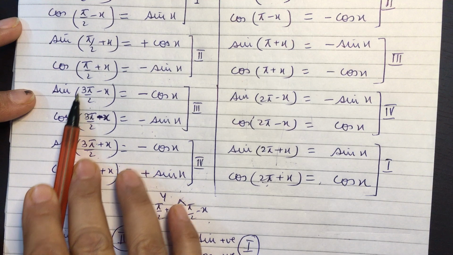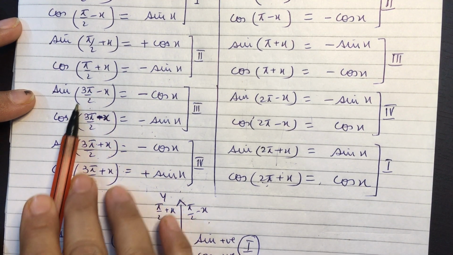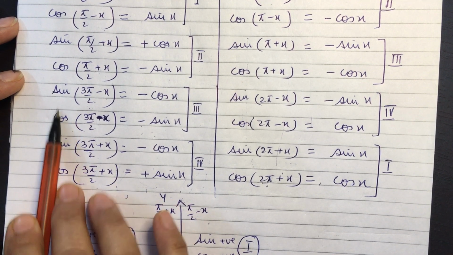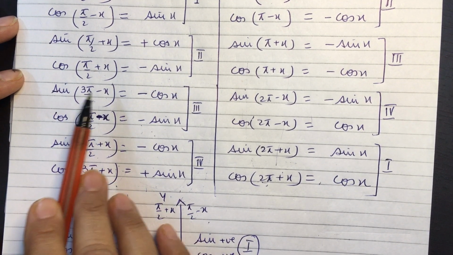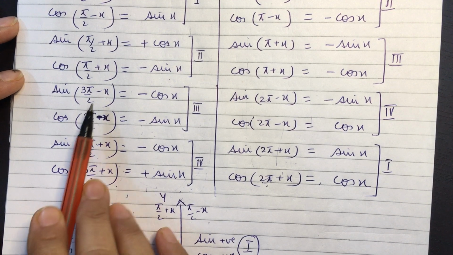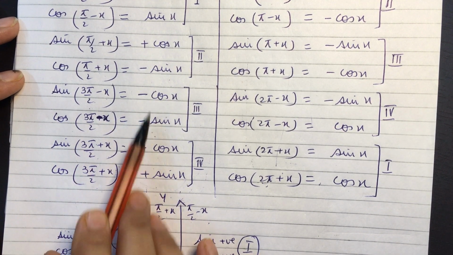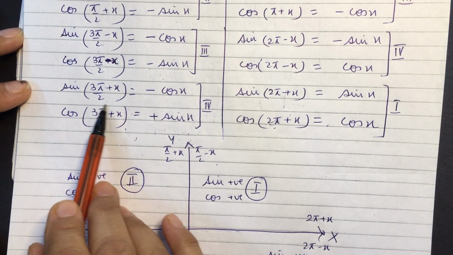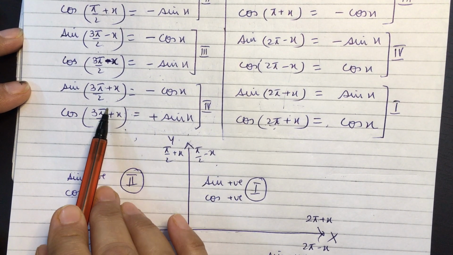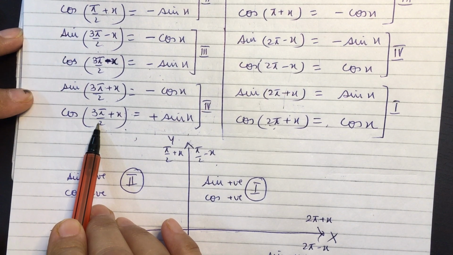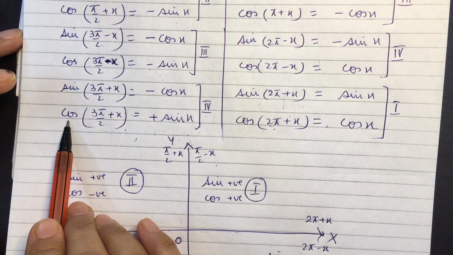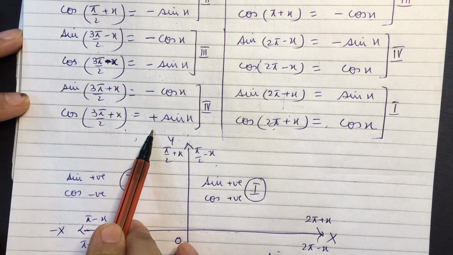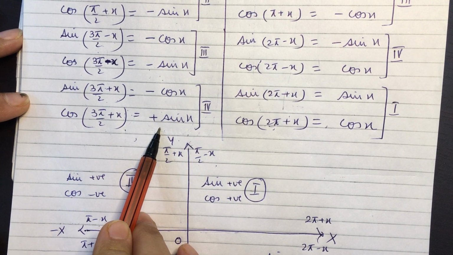This angle belongs to the third quadrant, and both sine and cos are negative in the third quadrant, and that's why sine and cos of 3 pi by 2 minus x give us negative results. Now 3 pi by 2 plus x belongs to the fourth quadrant, where sine is negative and cos is positive, and so we get the result for sine as negative and the result for cos as positive.